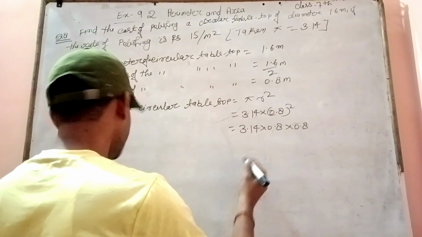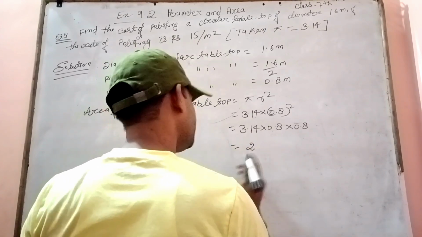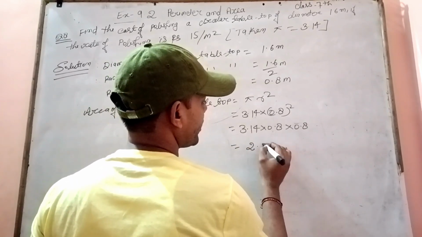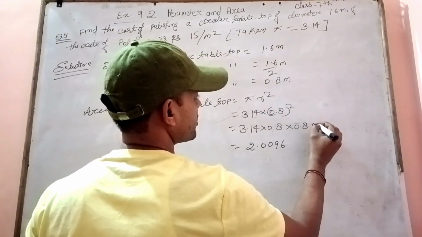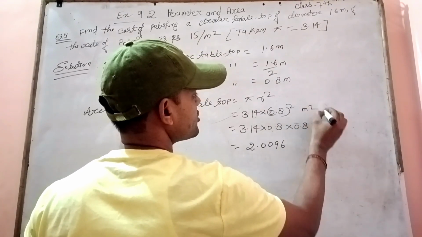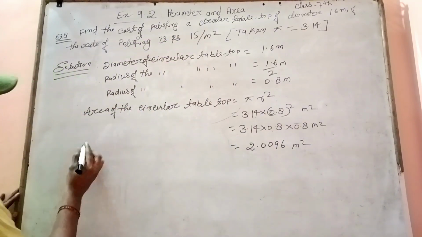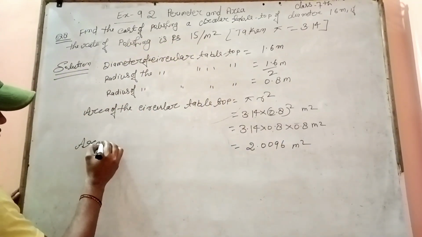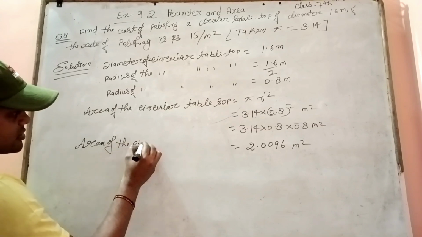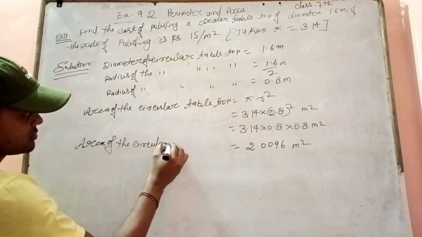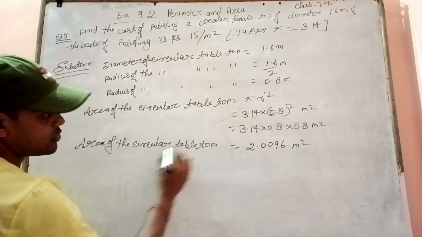This is equal to 2.0096, unit meter square. This is the area of the circular table top.